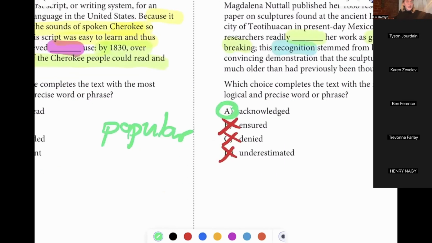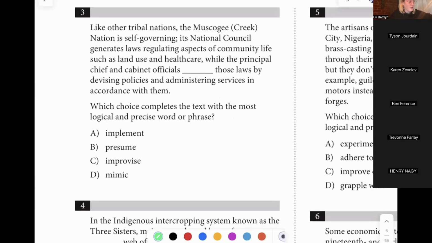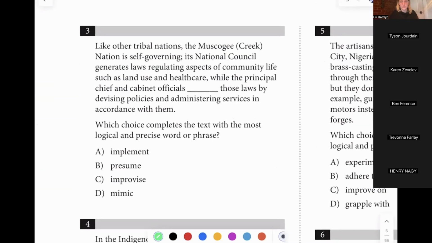All right, perfect. Number 3. What did everyone get? So we'd be ignoring our answer choices to begin with. Yep, perfect.